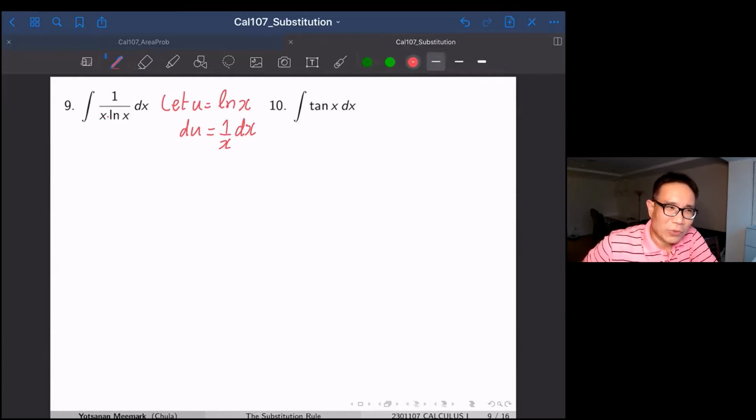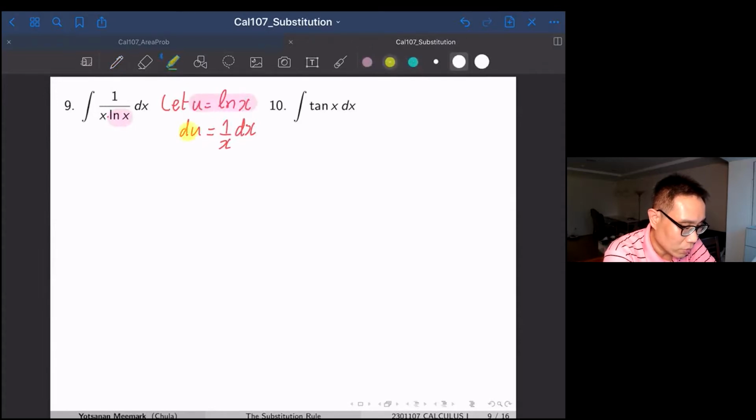If you let u be x, nothing new. Everything turns out to be 1 over u log u du, right? You just change the variable from x to u, and it's not gonna change the difficulty of the question. So you let u be log x, and you get du equal to 1 over x dx.